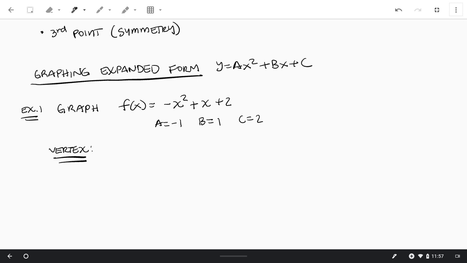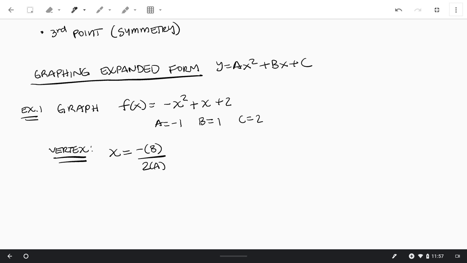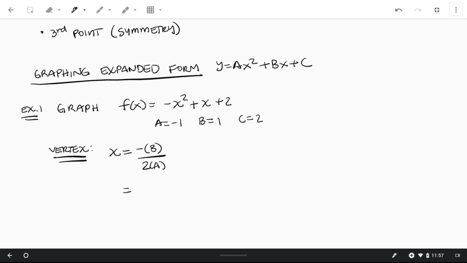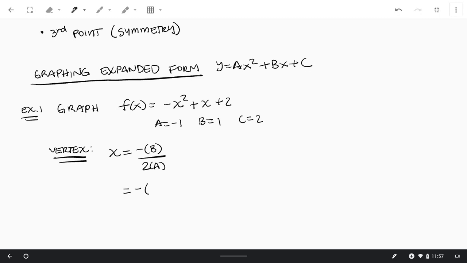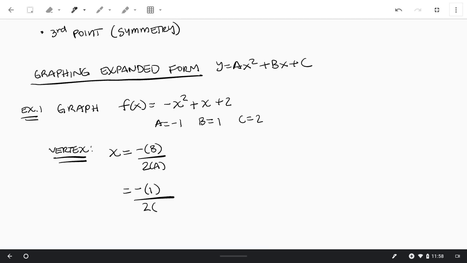So again, we need the formula, x equals negative b over 2a. Okay, so here we're going to use negative parentheses, b is 1, over 2 times a is -1.